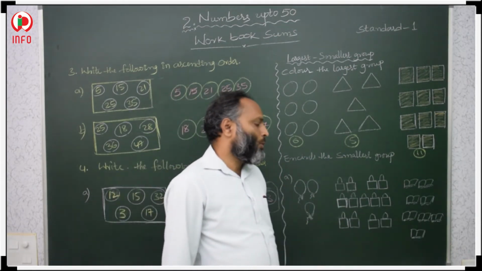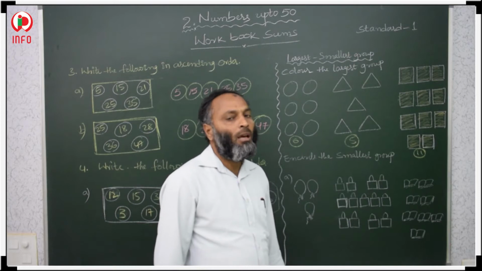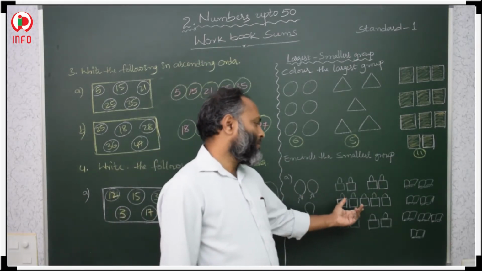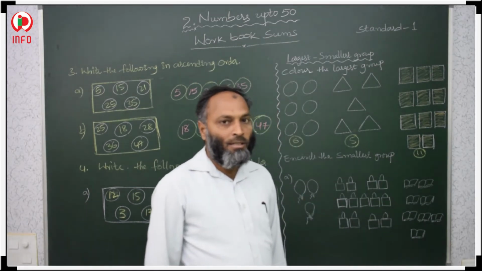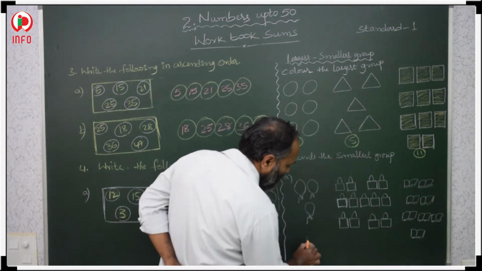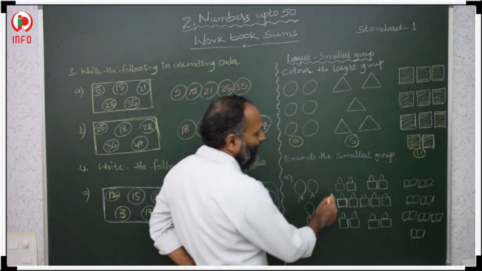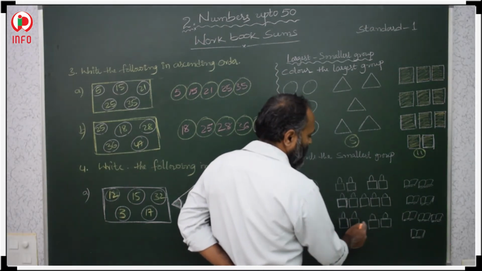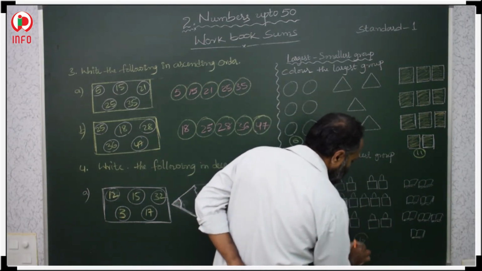encircle the smallest group. Smallest group we have to encircle, make a circle. In the first group, balloons were given, locks were given, and books were given. First we have to write the number of pictures. Balloons: 1, 2, 3, 3 here. How many locks were there? 1, 2, 3, 4, 5, 6, 7, 8, 9, 10, 11, 12, 13. 13 locks.